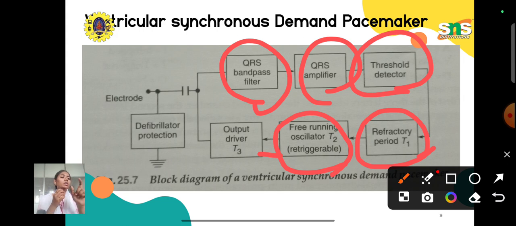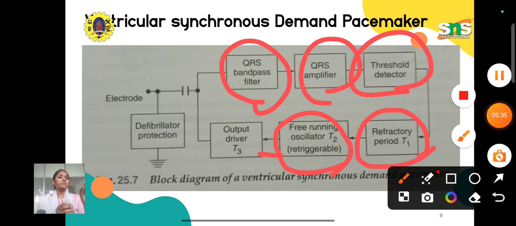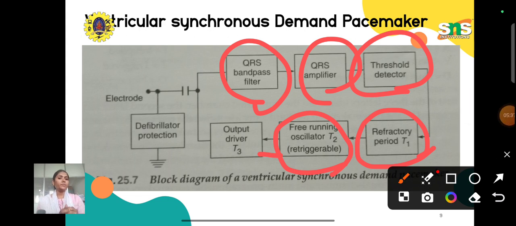If QRS is there, it will give the pulse at the exact refractory period. If there is no QRS, then it will give impulses at the end of the QRS interval. So this is the overall block diagram of the ventricular synchronous demand pacemaker. Thank you.